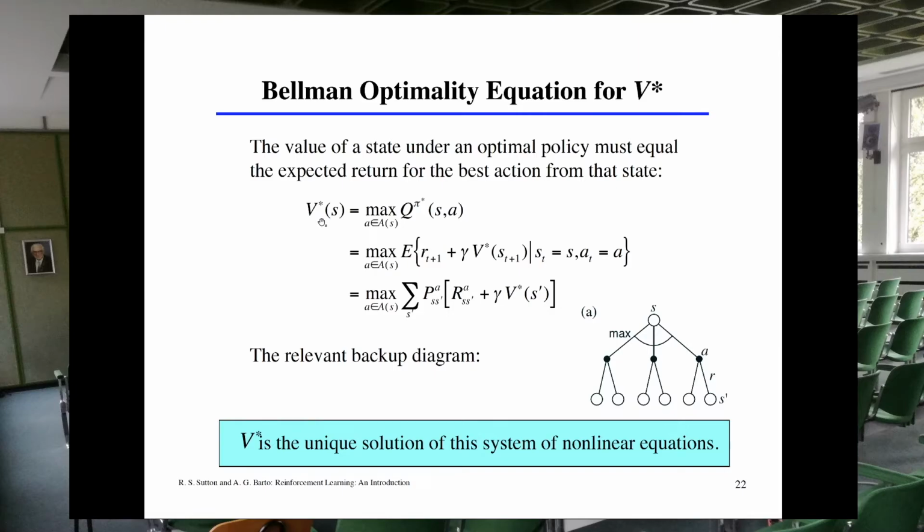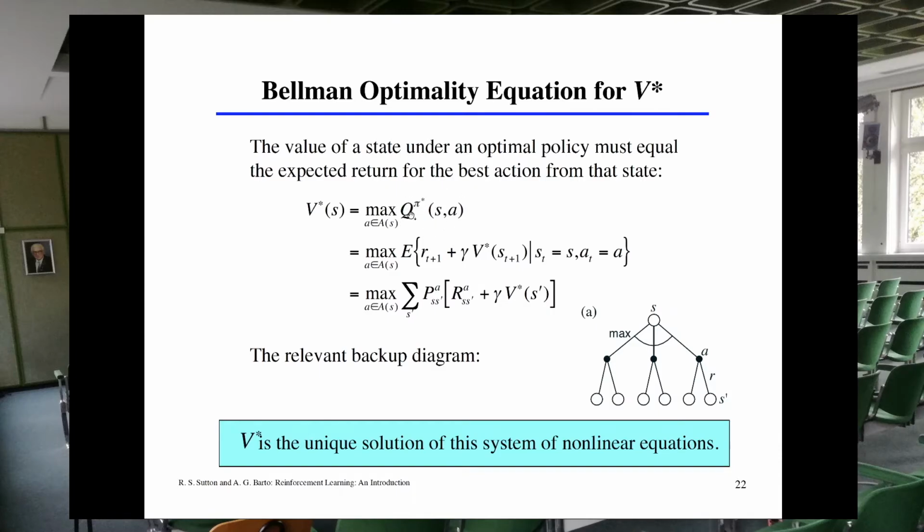So if we have some optimal value function, we can define the equivalent optimal action value function, and to do that we simply need to maximize the Q function by checking all the possible actions and selecting the action that maximizes the Q value.